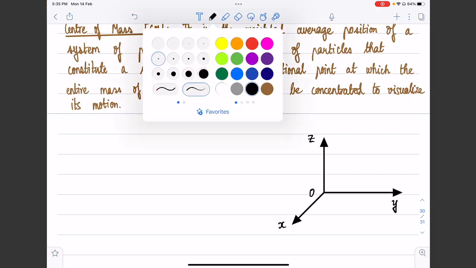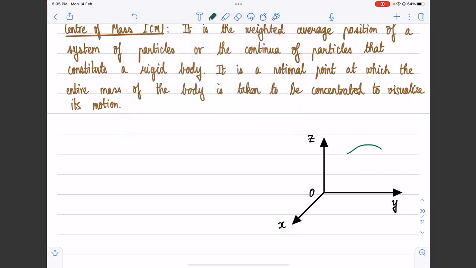Now let us say I draw some arbitrary body. This is my body in space. Let's use the script B to represent our body. It's a rigid body. Now let's say this body has mass capital M.